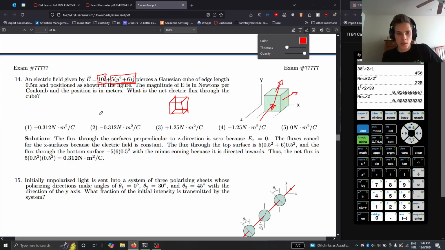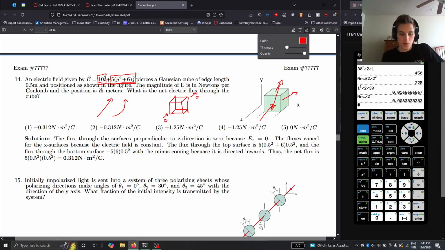It's only headed in this direction. So there's going to be nothing coming in this way and nothing coming out this way. So both of these are going to be 0. They don't contribute to the flux.